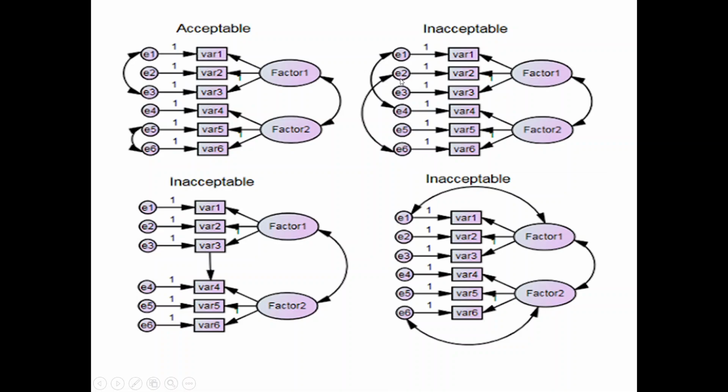For example, I cannot connect E2 with E6 because they are errors from different constructs. That is unacceptable. I cannot connect variance 3 with variance 4, that is also not possible. I cannot connect even with the original construct. So the only permissible way in which I can improve the model is connecting the errors within the construct itself.